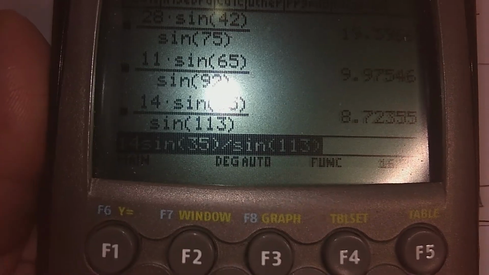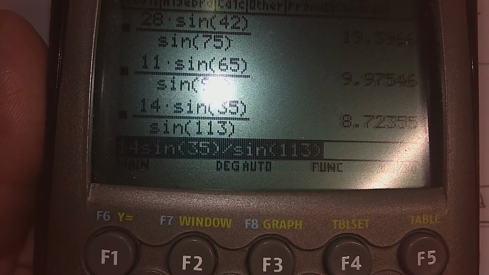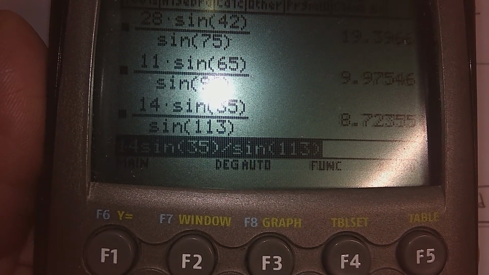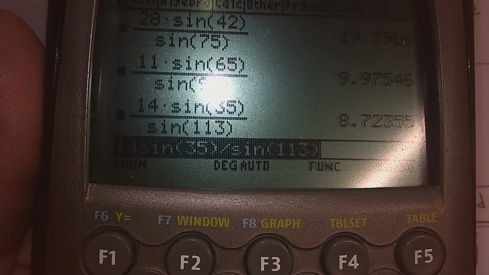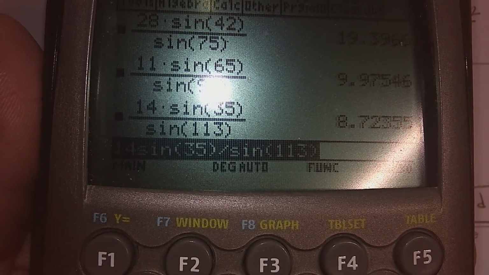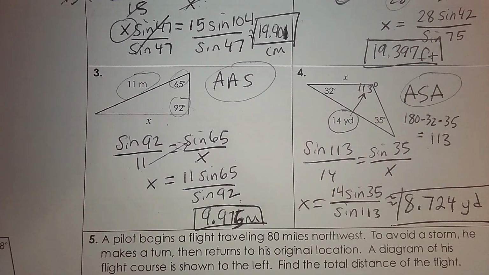All right, read the story. So number 5, read the story. Notice there's a diagram that goes with the story too.